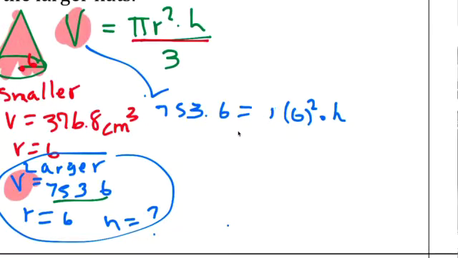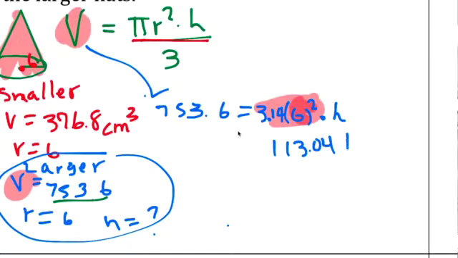I'm going to use 3.14 for pi. Okay, I'm going to multiply these two together, doing the exponent first. So 36 times 3.14, which is 113.04.